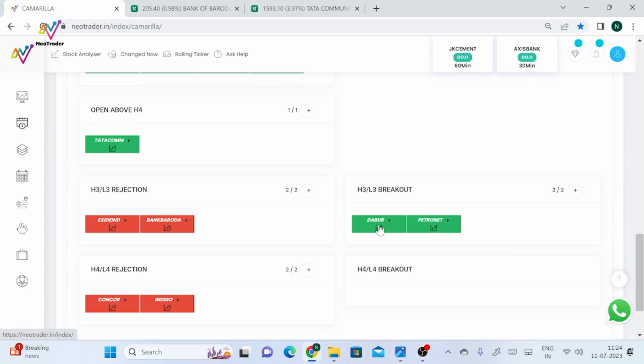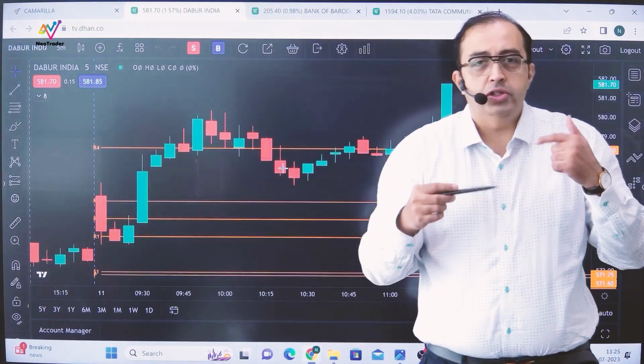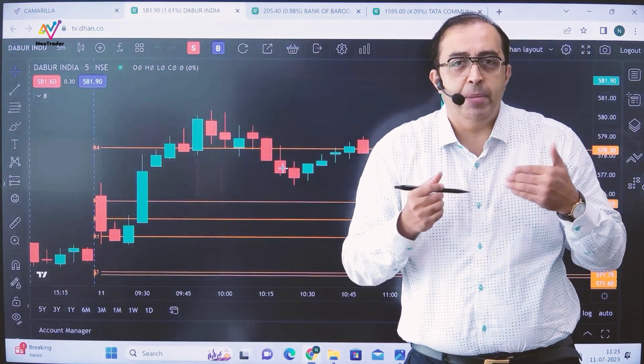Let's check out. There is an H3 L3 breakout. Here you are getting a message that there is a breakout. You can see there is a breakout from H3, and you are getting the alert there on NeoTrader. So constantly there is some action happening.